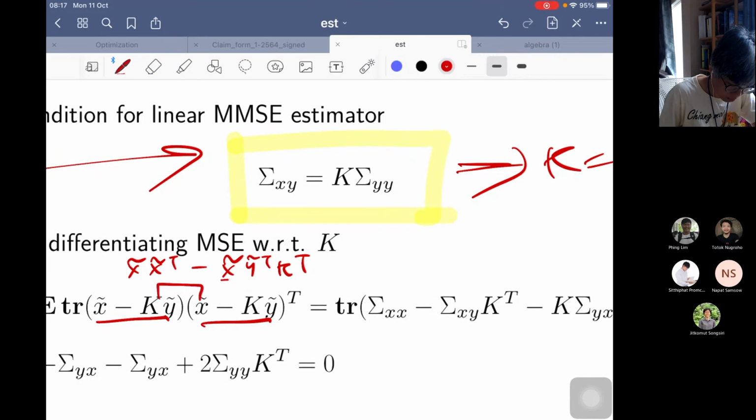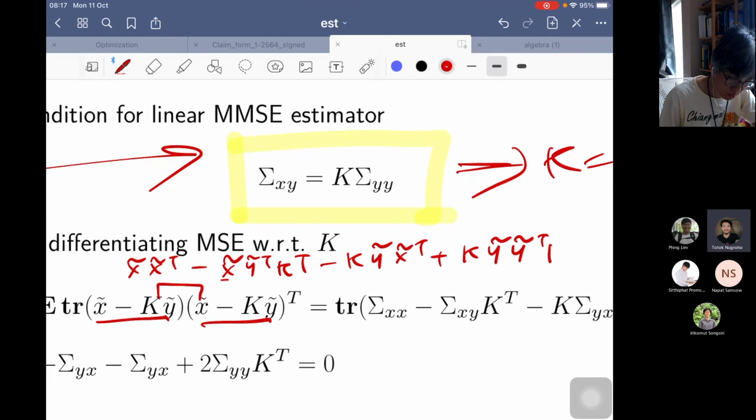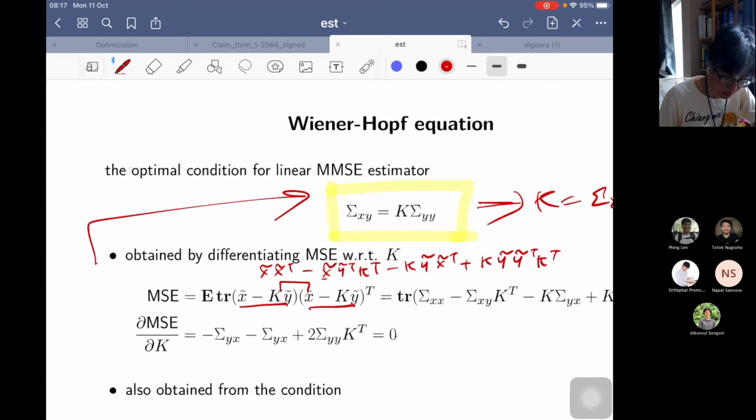Minus k times y tilde x tilde transpose, plus k times y tilde y tilde transpose k transpose. That's just how you expand the outer product.